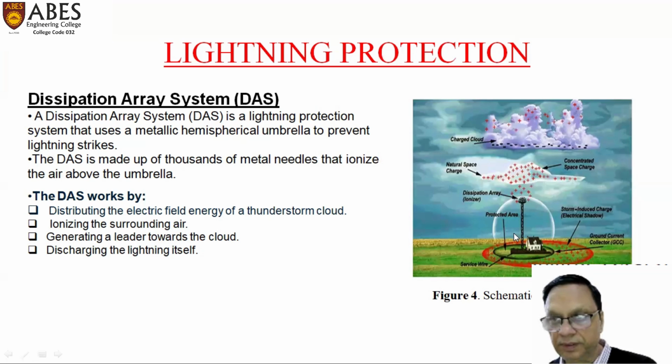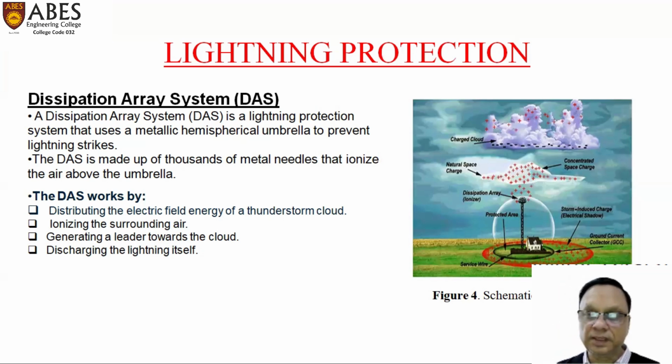All the charges and currents are passed through this tower into the surface wire and ground. Everything is neutralized. Here we are not applying the system at the highest point of a building. Here we are trying to save the surrounding surface area.